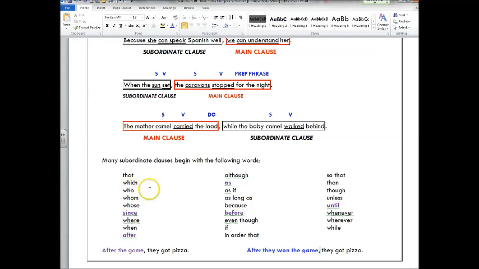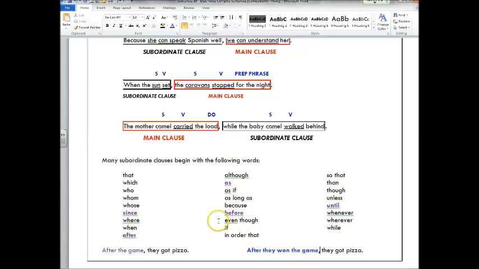Words like that, which, who, whom, whose, since, where, when, after, although, as if, as long as, because, before, even though, if, in order that, so that, than, though, unless, until, whenever, wherever, and while. The most commonly used ones are while, which, and that. Those are the ones we use the most. But you will see these others, and it's good to mix it up and use some of these others.